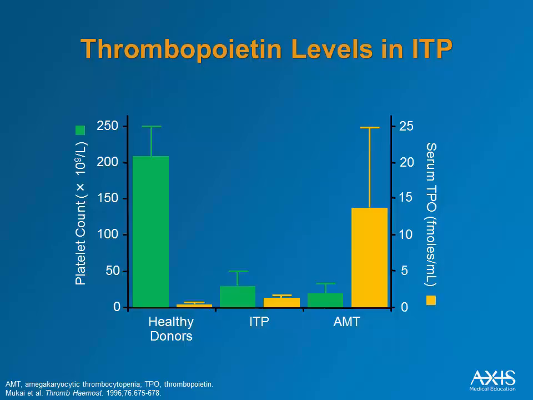There will be relatively less to act on the stem cell and the megakaryocyte progenitors. In contrast, if there are no receptors in the circulation and in the marrow, like in amegakaryocytic thrombocytopenia, the thrombopoietin level is high because there are none of these receptors to bind it.